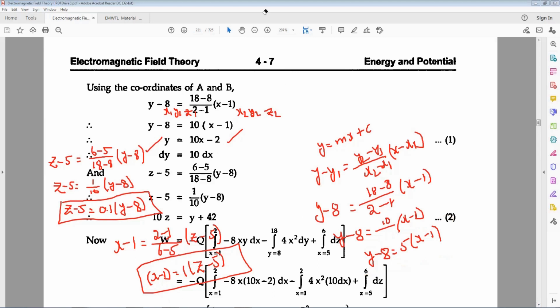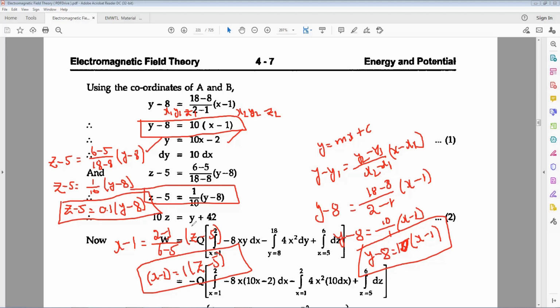This value is only 1. So y minus 8 is equal to 10 into x minus 1. And the second function, z minus 5 is equal to 1 by 10 into y minus 8.